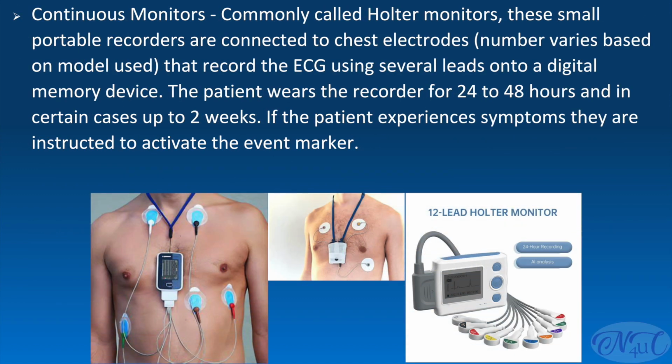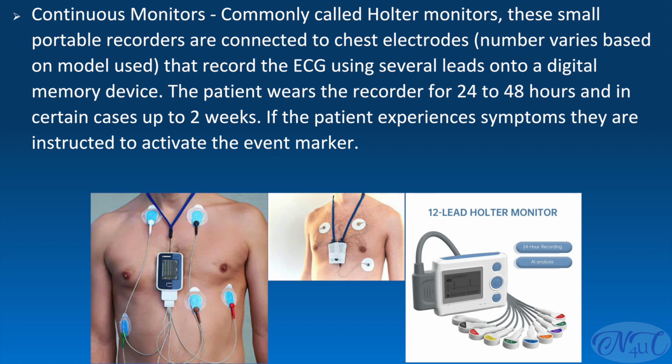Next is continuous monitors, commonly called Holter monitors. These small portable recorders are connected to chest electrodes that record the ECG using several leads onto a digital memory device. The number varies based on model used. The patient wears the recorder for 24 to 48 hours and in certain cases up to 2 weeks.